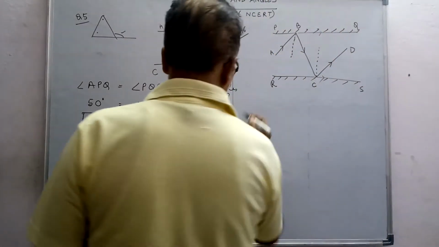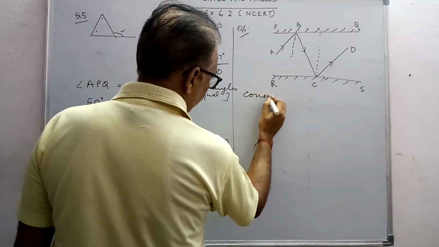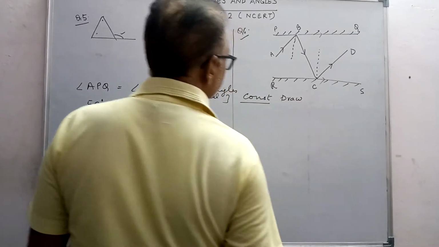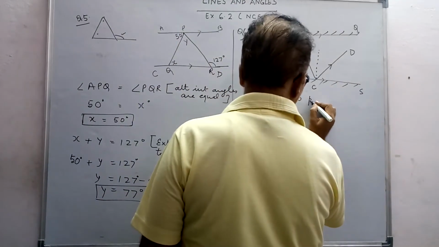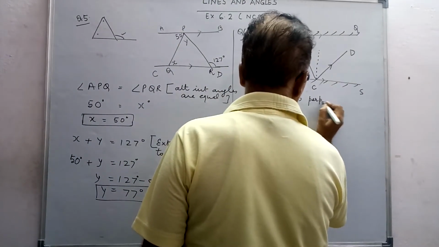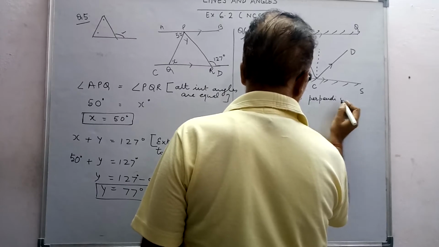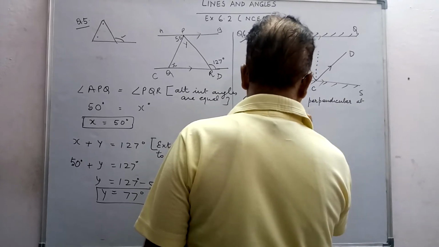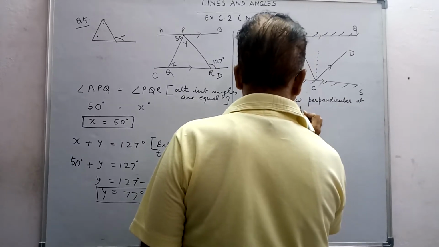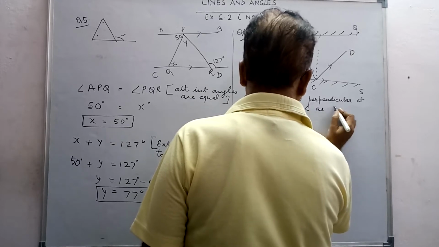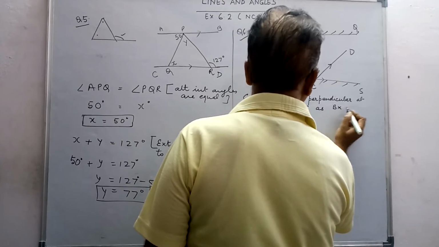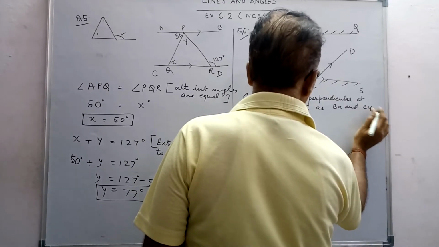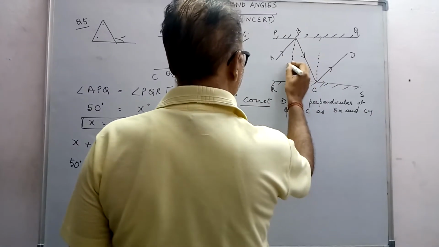So here the construction is, draw perpendiculars at B and C as Bx and Cy. So here you see this is Bx and this is Cy.